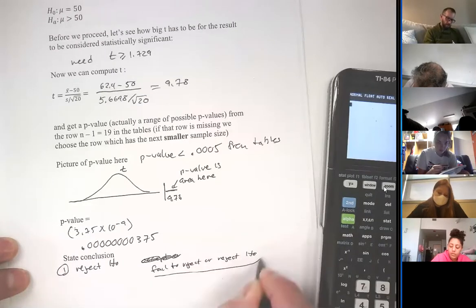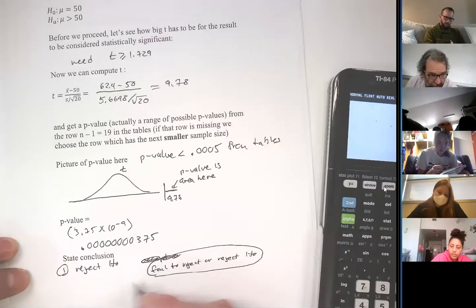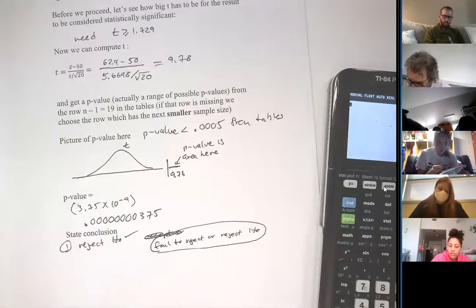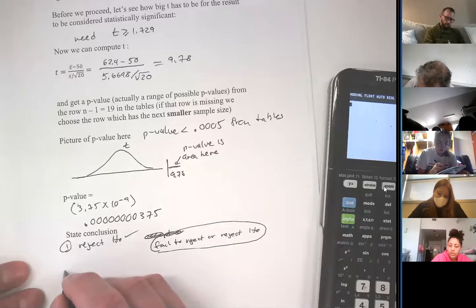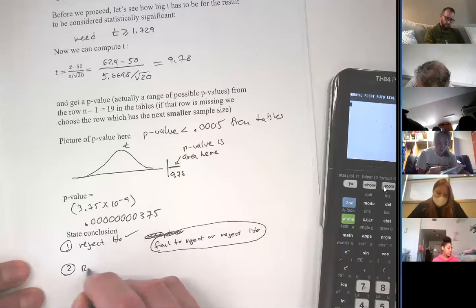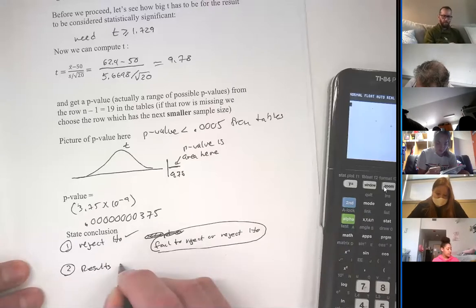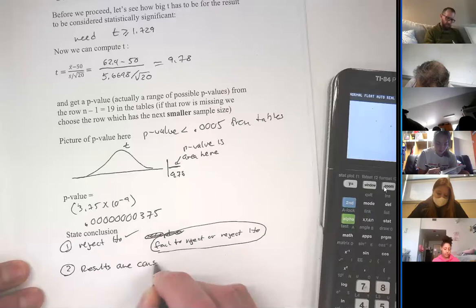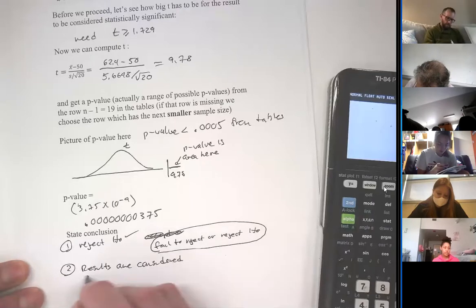We have to figure that out. So we say we're going to reject H0. And then ordinarily you would say something about the results. The results are considered statistically significant.